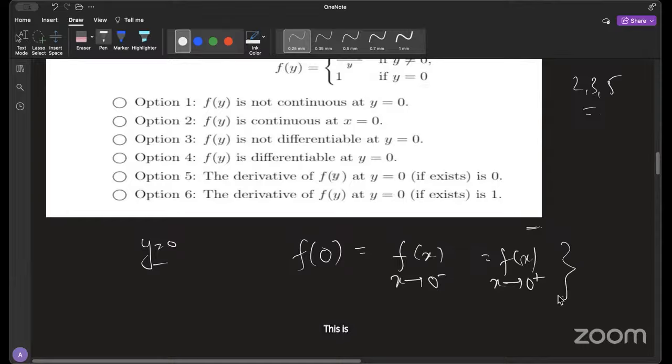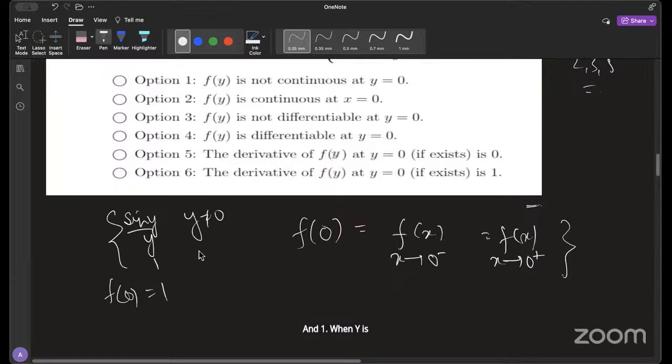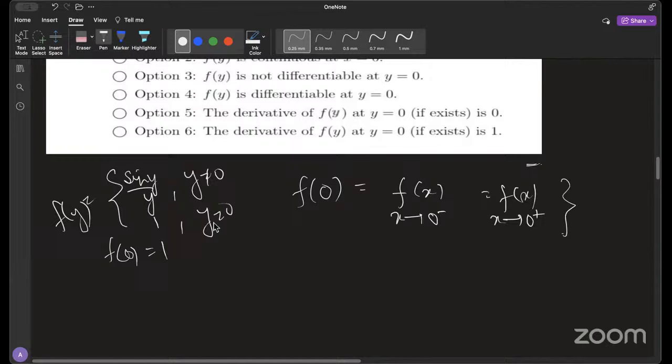This is what you want for continuity. So your f(0) is 1. Let me just write down the function first here. It's sin y by y when y is not 0, and 1 when y is 0. So f(0) is 1 because the value at 0 is 1.